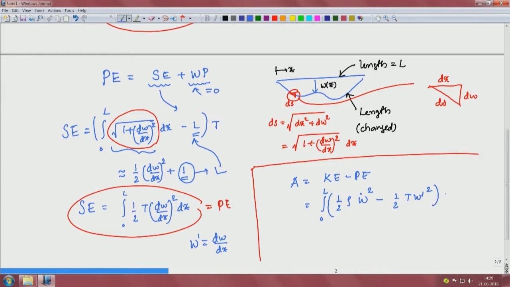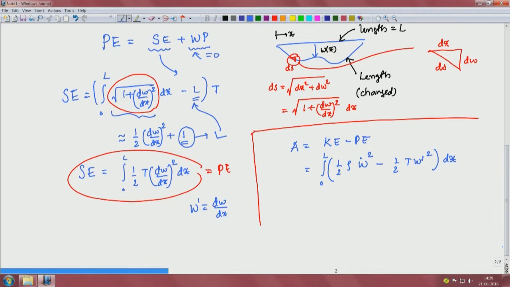This whole thing over dx is the action integral. Once we have this, we write our Euler-Lagrange equation. So, this integrand is our f.